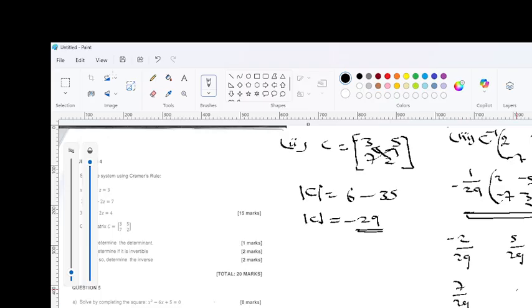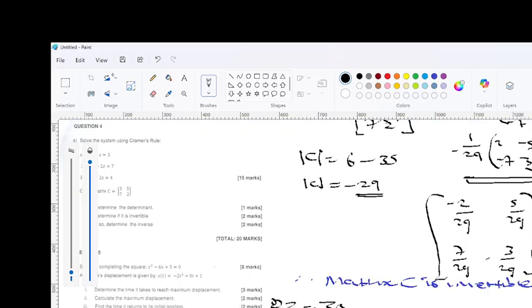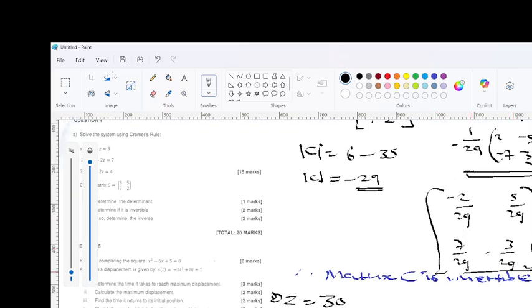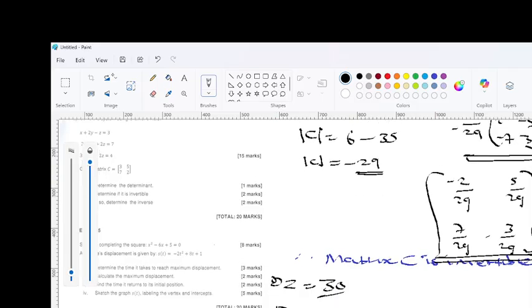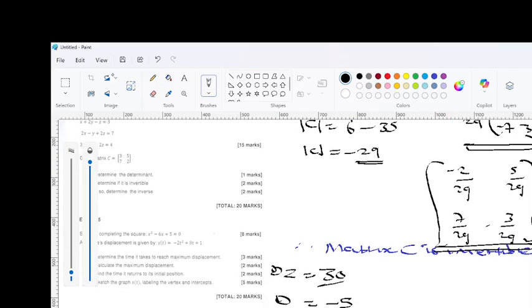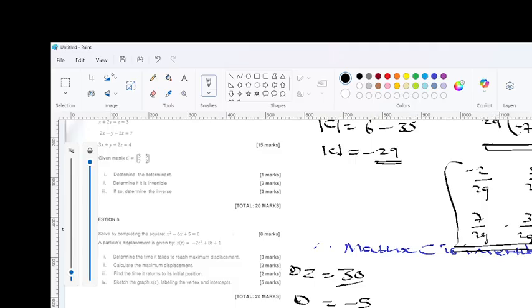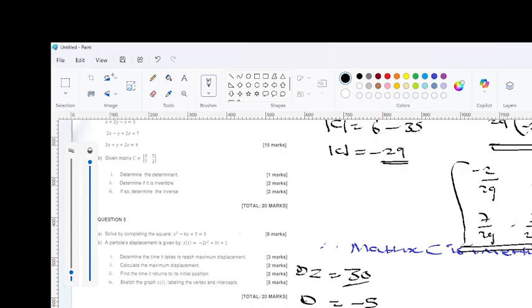Negative 1 over 29 multiplied by 3, we're going to have negative 3 over 29. So this will become your final answer. This is question 4. So let's go to question 5 quickly.